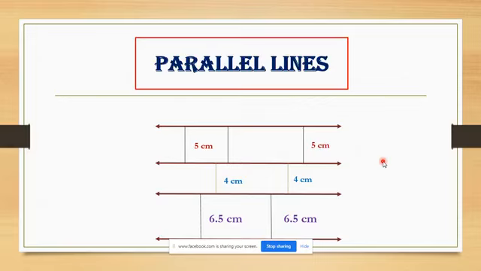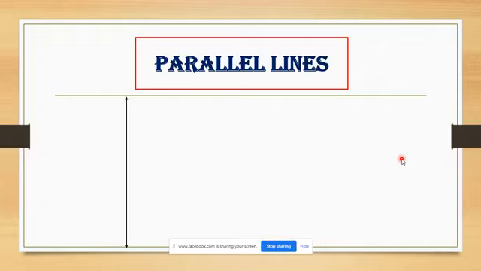Even I can say, if there is a flat roof and our floor, they are also parallel, but they are like planes, these are parallel planes. So, we can say these are parallel lines. Some examples of parallel lines.